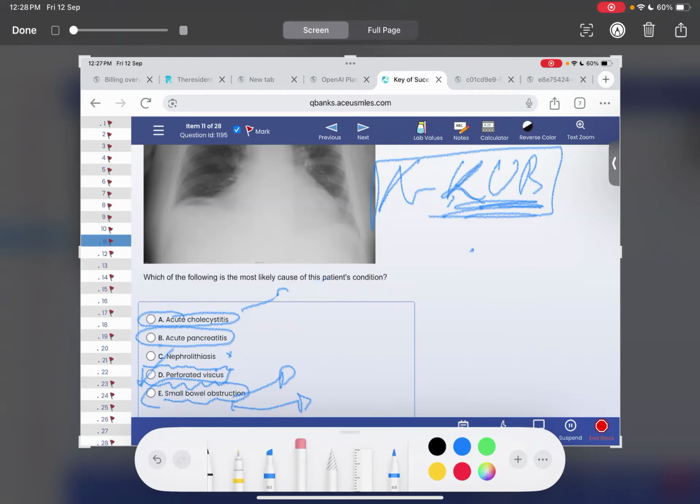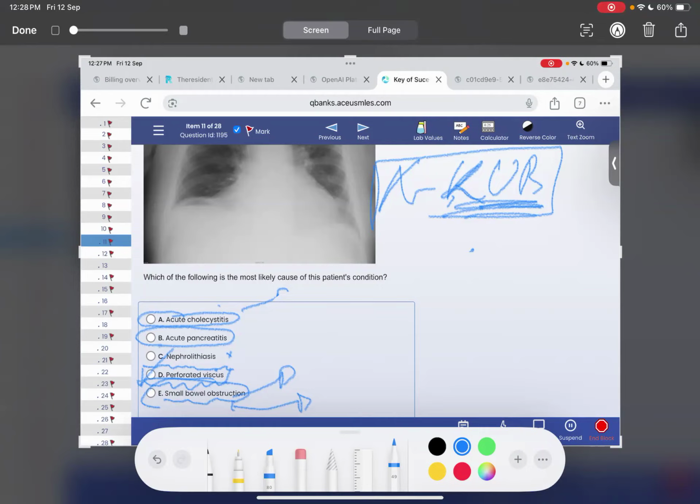So why is it causing the referred pain? Referred pain is due to the phrenic innervation toward that region. The air is irritating the diaphragm and it is causing the pain.